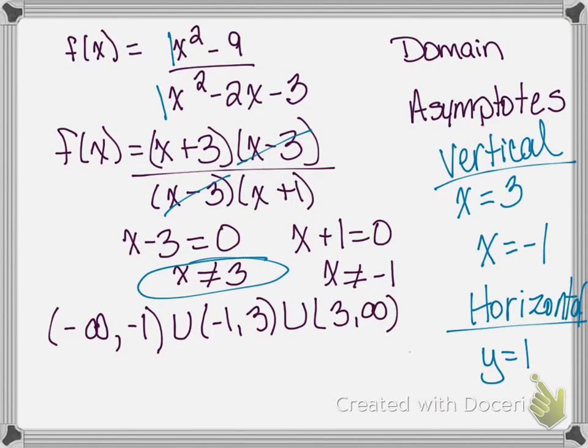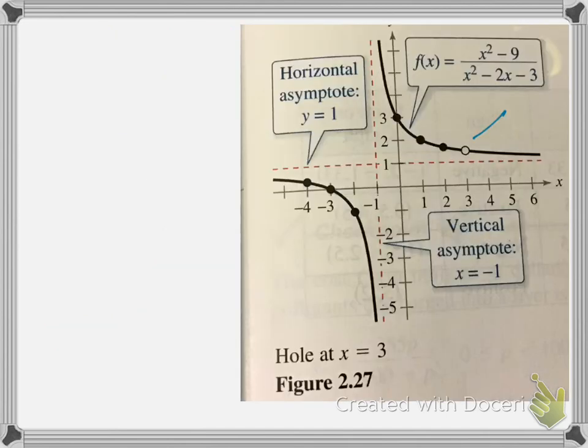Now, is my graph still undefined at 3? Yes, it is. It's still undefined at 3. That's why I have a hole right there. Okay, do you see this right here? That's why I have a hole right there. Then I can see my vertical asymptote.